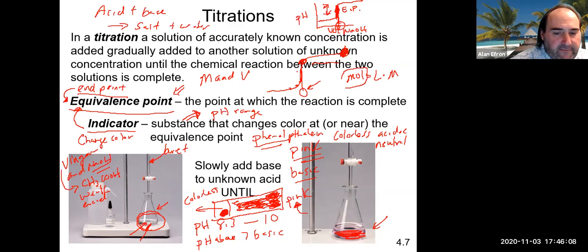So normally we go grams to moles, using the molar mass to calculate the moles in a stoichiometry problem. Here we use the molarity and the volume on the front end of the calculation. And a lot of times we'll use molarity on the back end of the calculation.